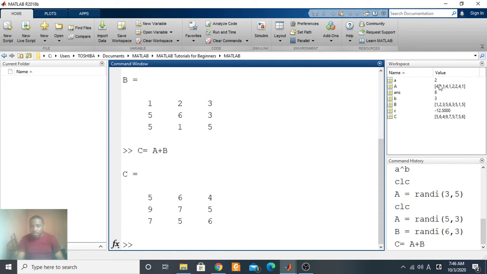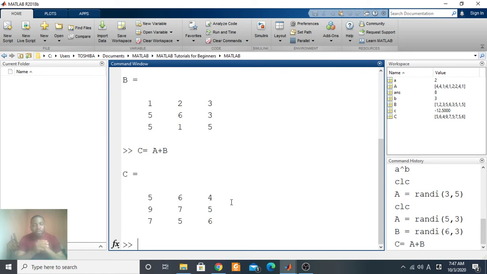Then 4 plus 2, the second, to give us 6. Then 1 plus 3, the third, to give us 4, and so on. It's as simple as that. This is what they call element wise operation. Each element interacts with each element according to the operator you've given, to give a new element at the same position, yielding the results of the operation between the two previous elements.